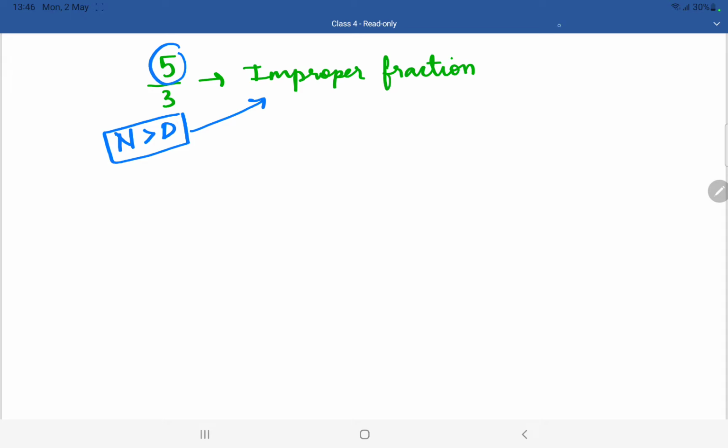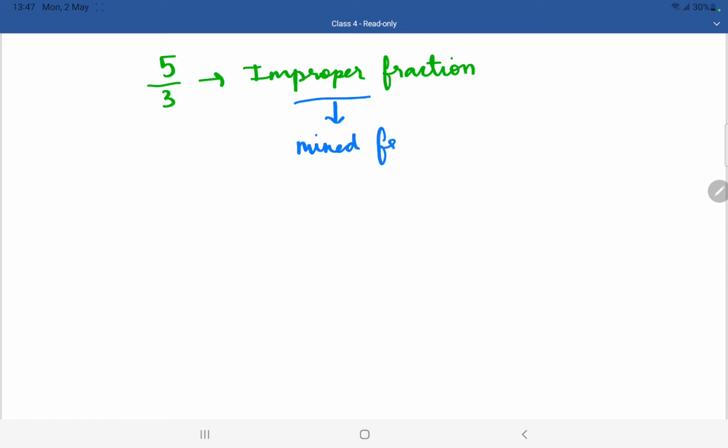Here the numerator is 5. It is greater than the denominator, which is 3. So this 5 by 3 is an improper fraction. Okay. So now how to convert this improper fraction into a mixed fraction? Let us see that now.